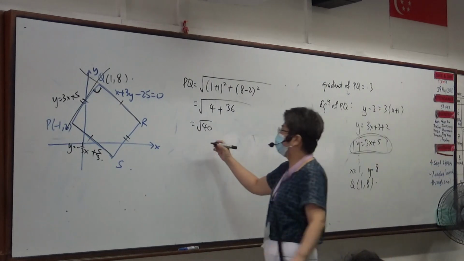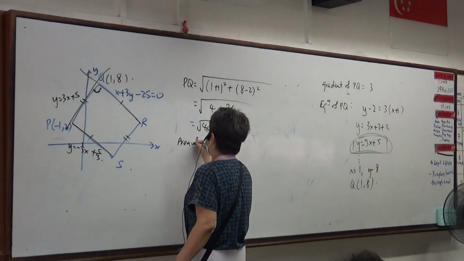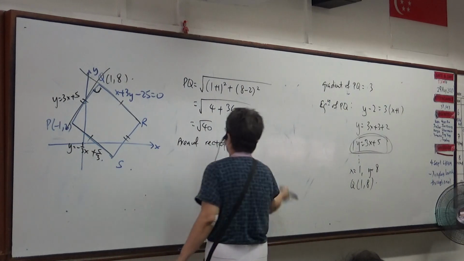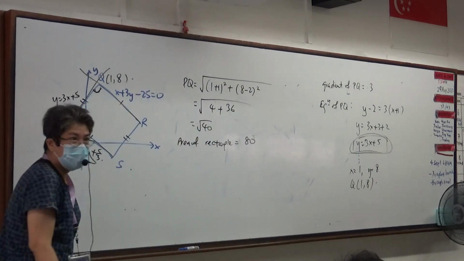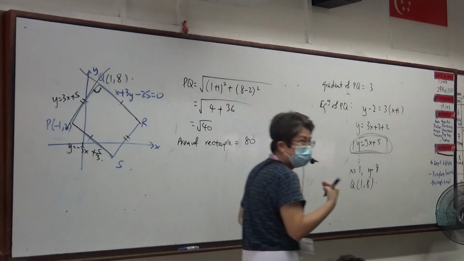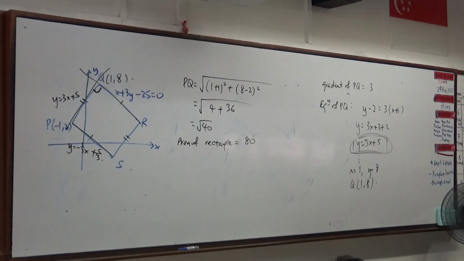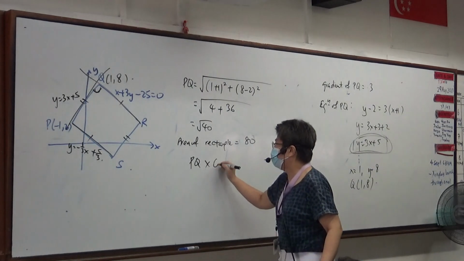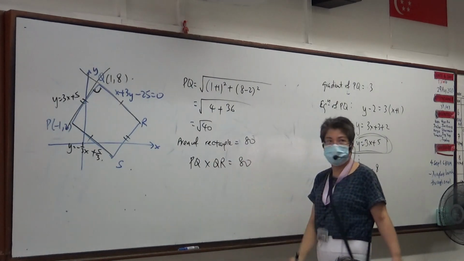area of rectangle is 80, right? Correct. Please look at me. Is this correct? Yes, okay. So, what is my next step? PQ times QR must give me 80, right?